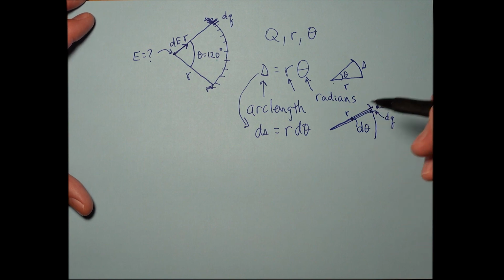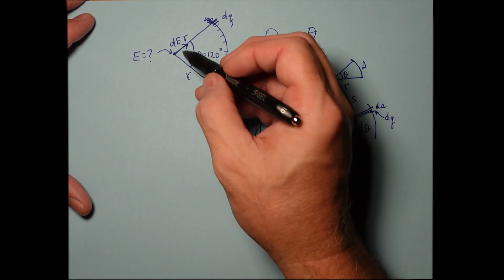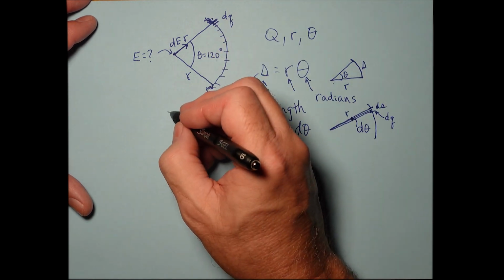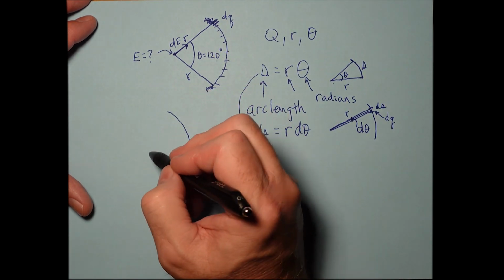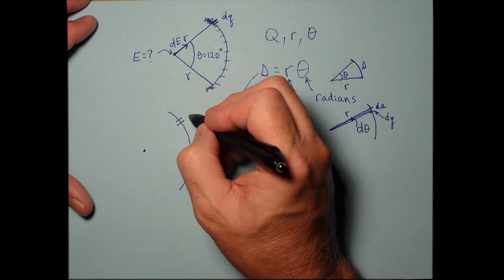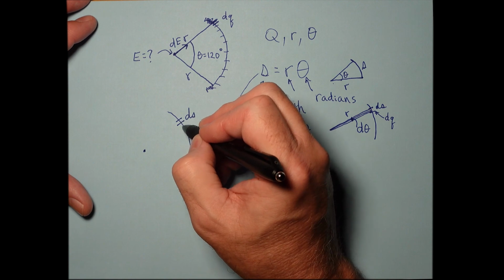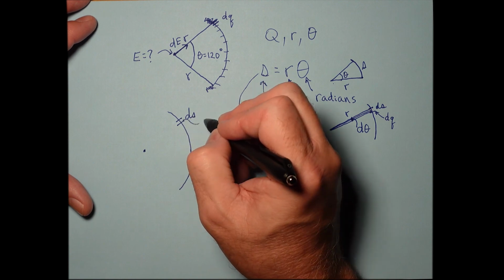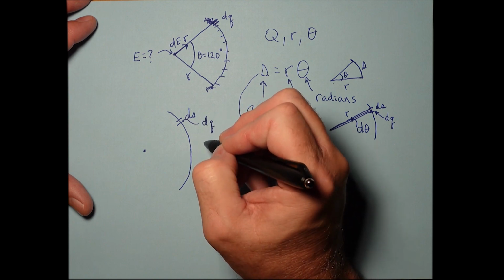All right, let's draw a free body diagram now. So we've got our arc here. Here's our center, and let's pick a segment out here, which we will call ds. That's the arc length inside our segment, and within that there is charge dq.